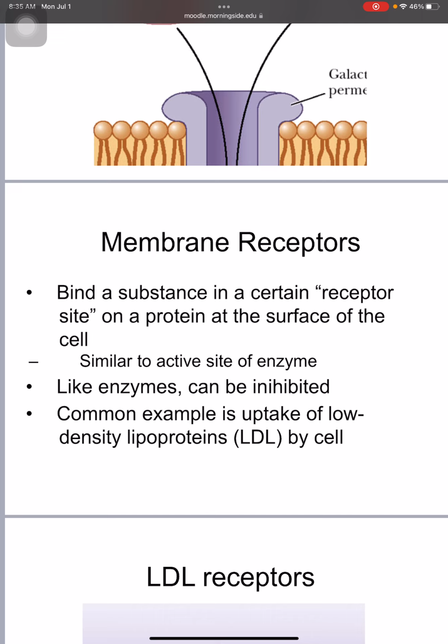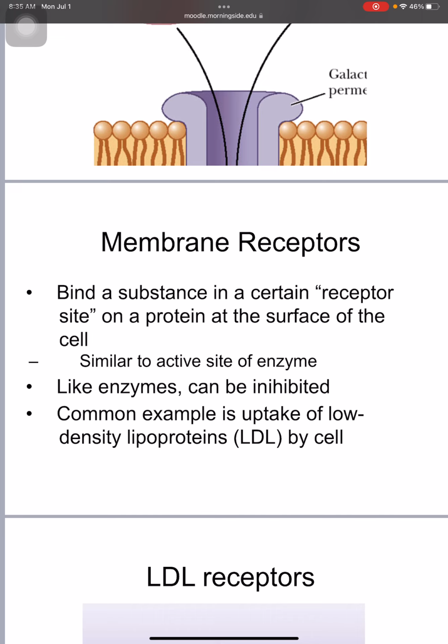I'm going to show you an example of one of those here, and this one you've probably heard of. It's the uptake of cholesterol through what we call low-density lipoproteins, or LDLs. If you've ever had a cholesterol test, you may have heard of the terms HDL and LDL. These refer to lipoproteins.